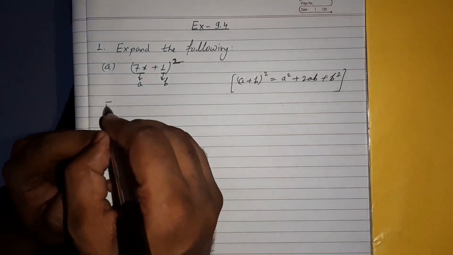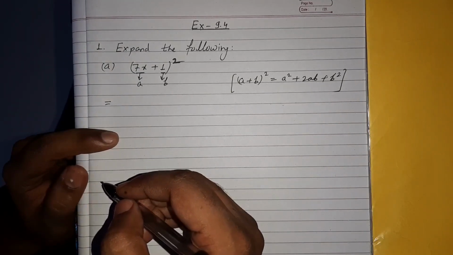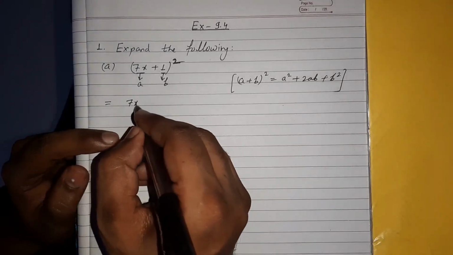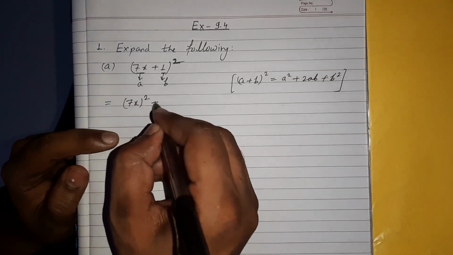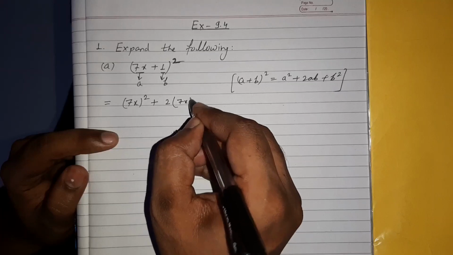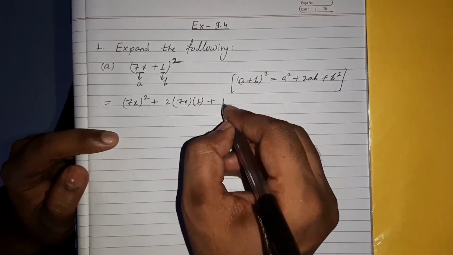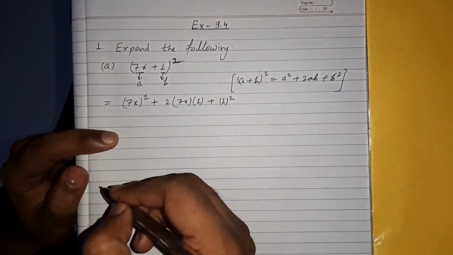According to this identity, it is equal to a square plus 2ab plus b square. The value of a is 7x, so it will be (7x) square plus 2ab, with a as 7x and b as 1, plus the square of 1.